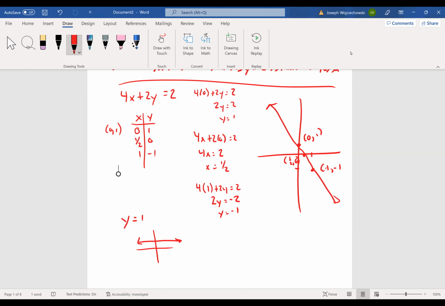What if we have something like this? -3x equals 12. Well, divide by -3 and we get x equals -4. Again, in this case, a vertical line going through the point -4, 0.